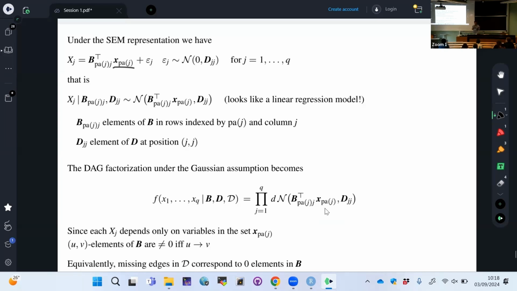If you look at this structure here, then what you see is that basically the distribution of xj is that of a univariate normal distribution with a mean which is given by a linear predictor, something like beta prime x, and a conditional variance, which is djj.